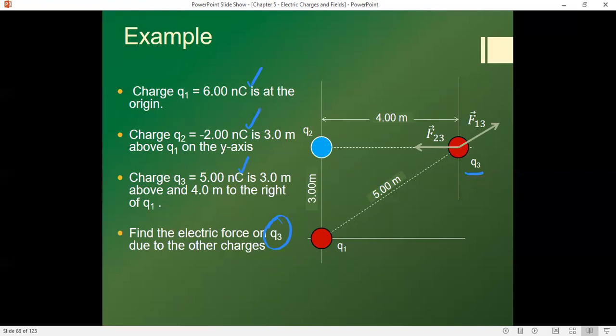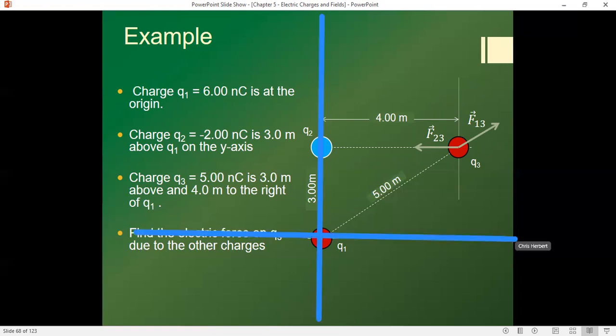Okay, first thing you always want to do is draw a diagram. In this case, we put the location of each of the charges. Q1 is at the origin, as indicated here. So again, drawing my X and Y axes, right? There's my X axis, my Y axis. I have Q1 at the origin.